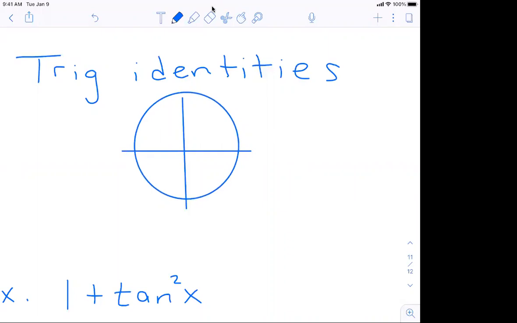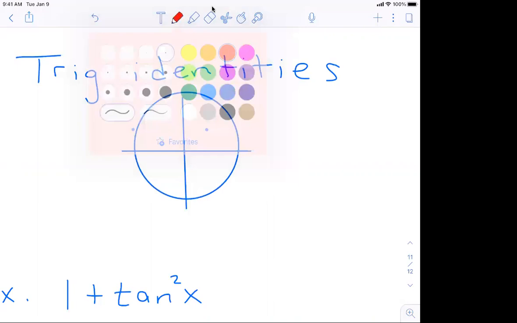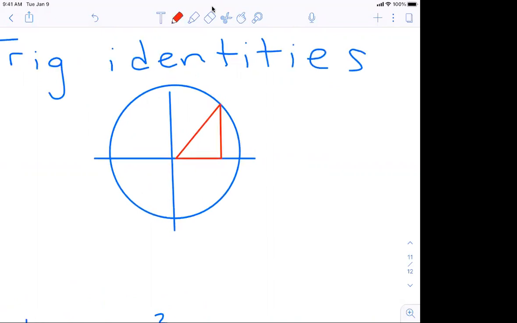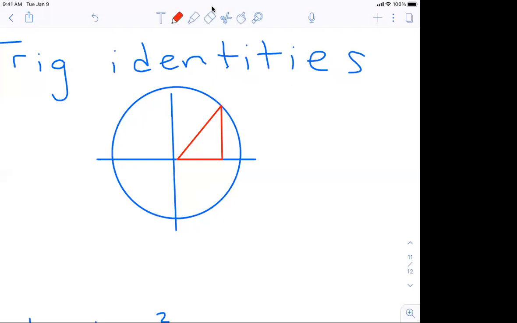All right, let's say this is the unit circle. And in the unit circle, the radius, of course, is 1. And so if I was to make a right triangle here, well, the height of this triangle and the base of the triangle we can write in terms of sine and cosine, because remember, cosine is the x and sine is the y.